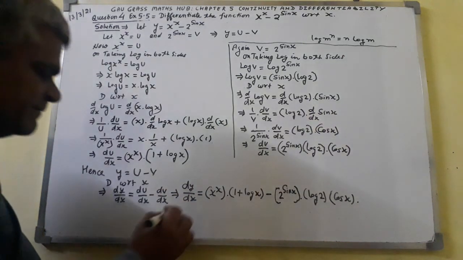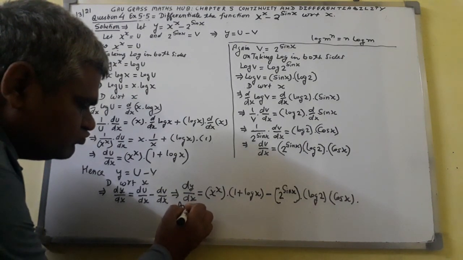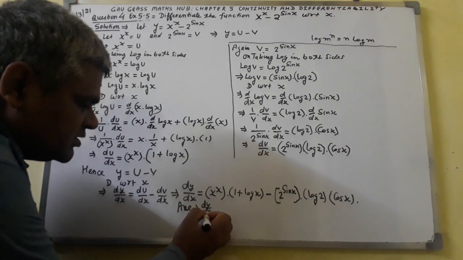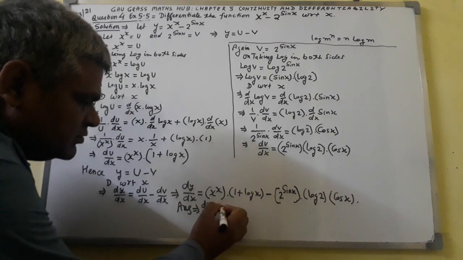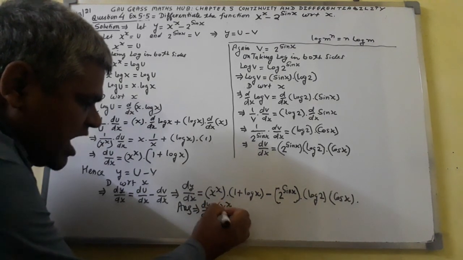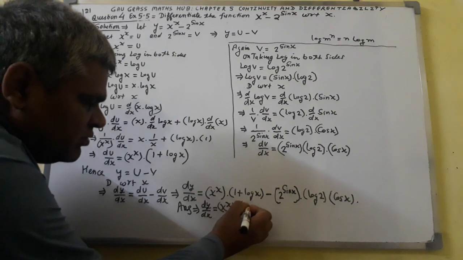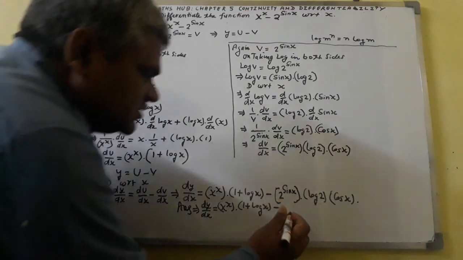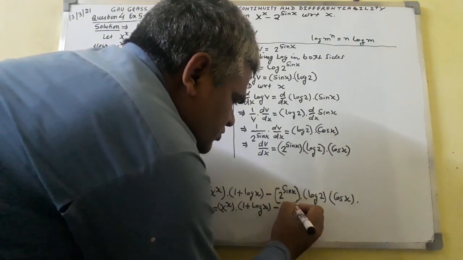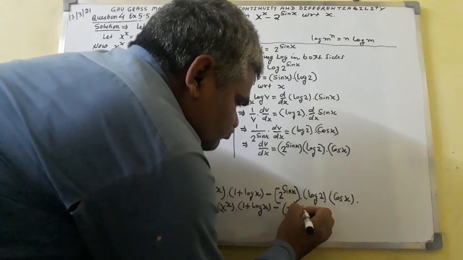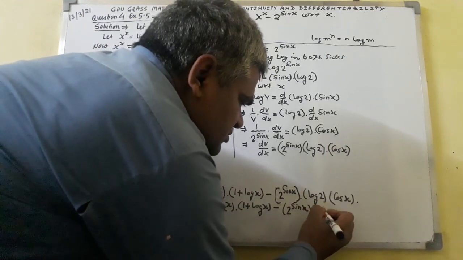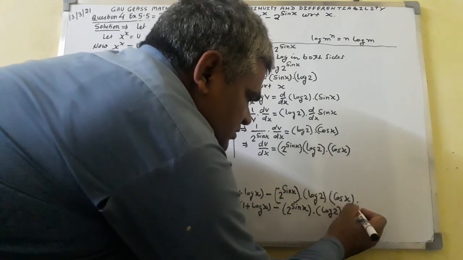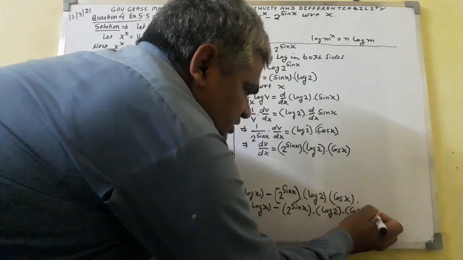The answer will be dy over dx equal to x raised to power x dot 1 plus log x minus 2 raised to power sin x dot log 2 dot cos x.